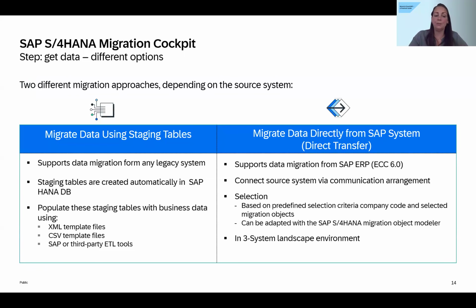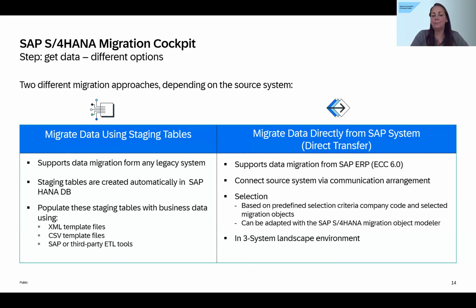The staging tables which are used will also be created automatically by the Migration Cockpit in the SAP HANA DB. And you can populate these staging tables with the delivered XML or CSV template files, or you can use any ETL tools to populate these tables directly if you have a bigger data volume to migrate.